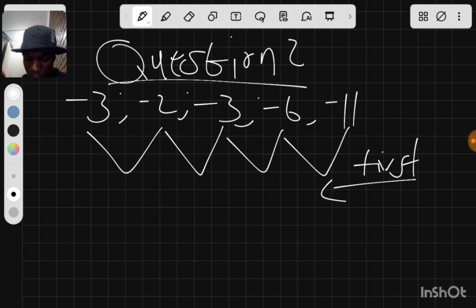T2 is minus 2 minus t1, which is positive 1. So minus 2 minus 3 is minus 1. Then minus 6 minus 3 is minus 3. Then minus 11 minus minus 6 is minus 5.